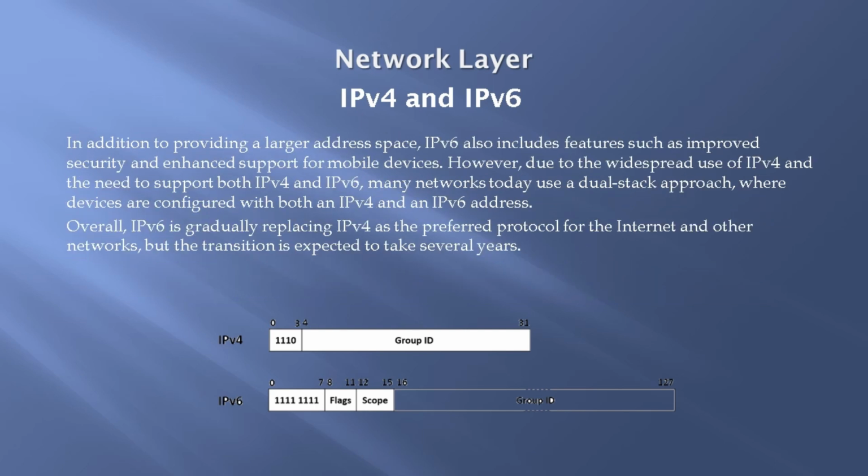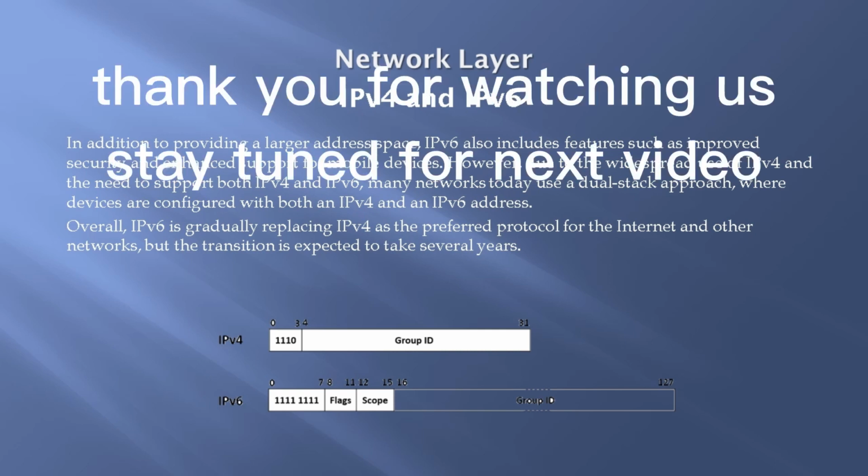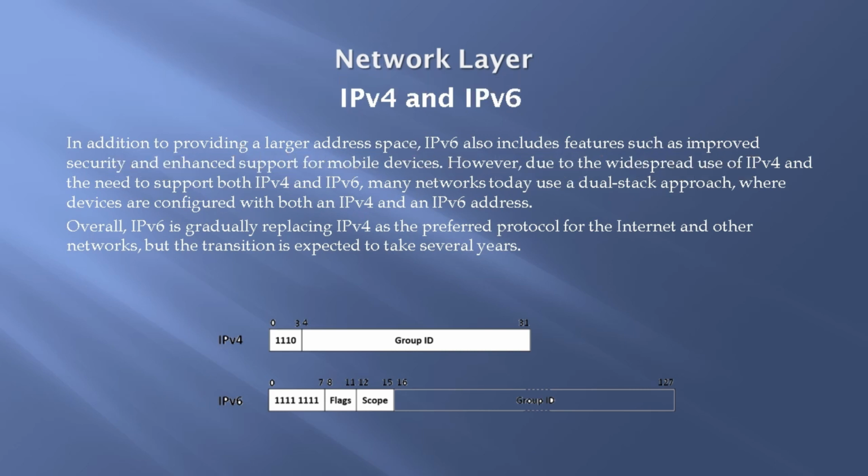In addition to providing a larger address space, IPv6 also includes features such as improved security and enhanced support for mobile devices. However, due to the widespread use of IPv4 and the need to support both IPv4 and IPv6, many networks today use a dual-stack approach, where devices are configured with both an IPv4 and an IPv6 address.